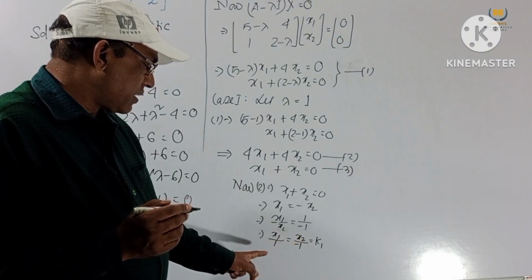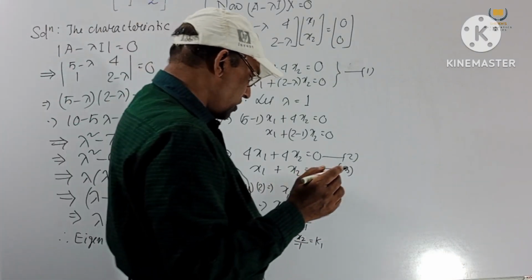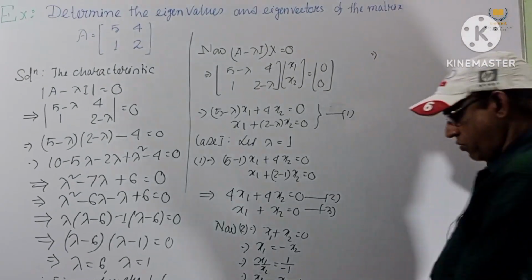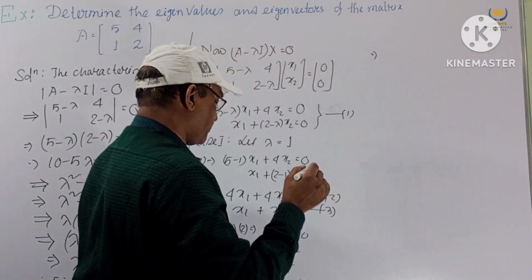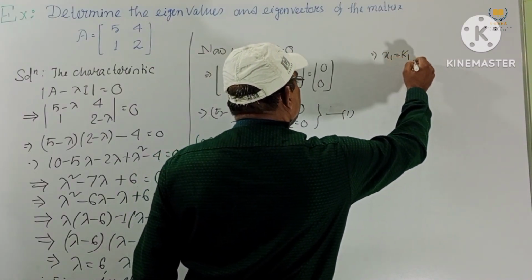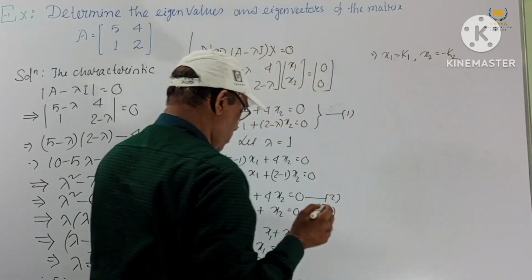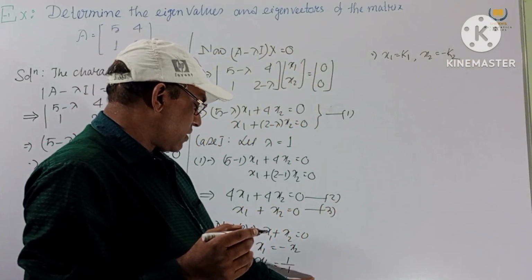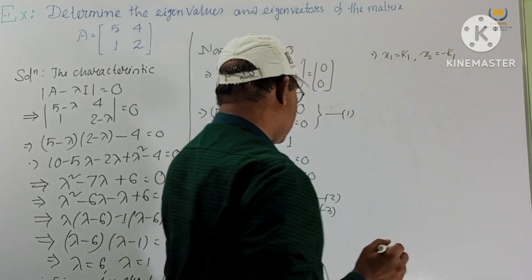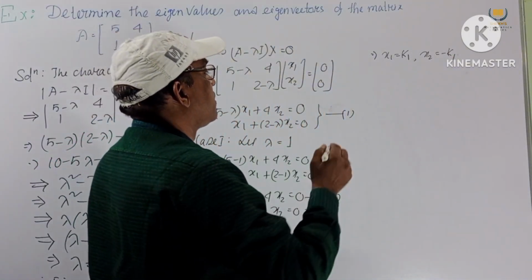So x1 equal to 1 k1, x2 equal to minus 1 k1. So x1 equal to k1, x2 equal to minus k1.